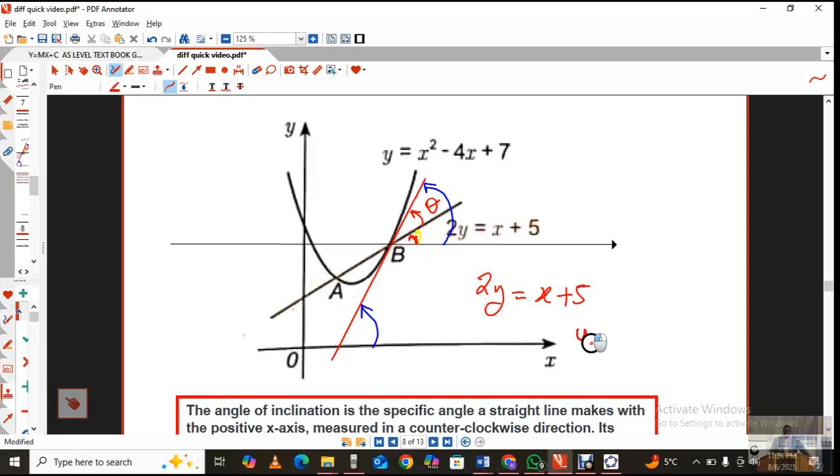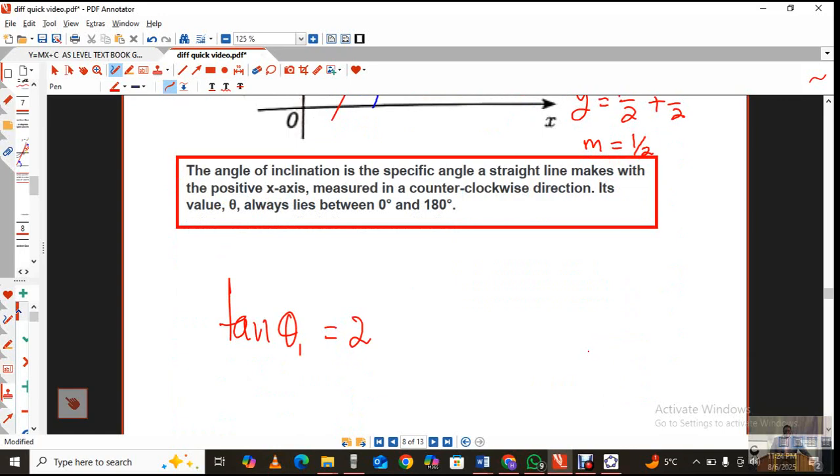That gradient is going to be y equals x divided by 2 plus 5 divided by 2. So the gradient of this black line is nothing but a half, 1 over 2. So let's take that one too, and let's say that is our second one. So we're going to say the tangent of the other angle is a half.